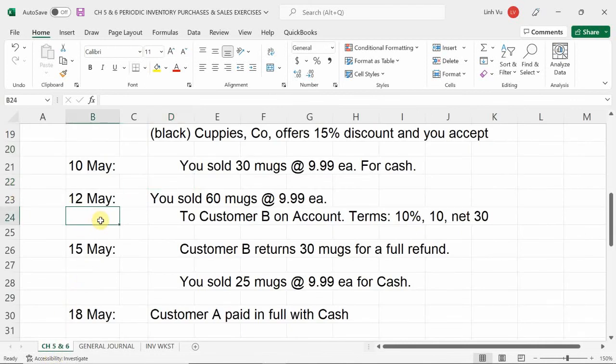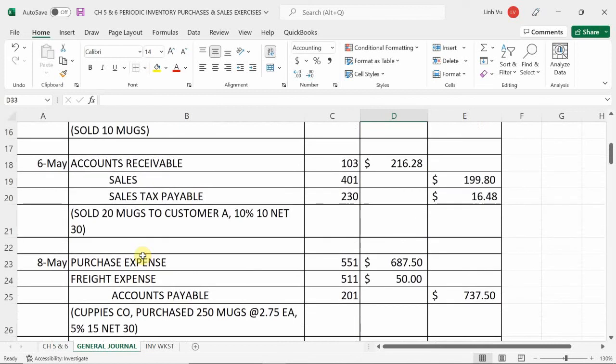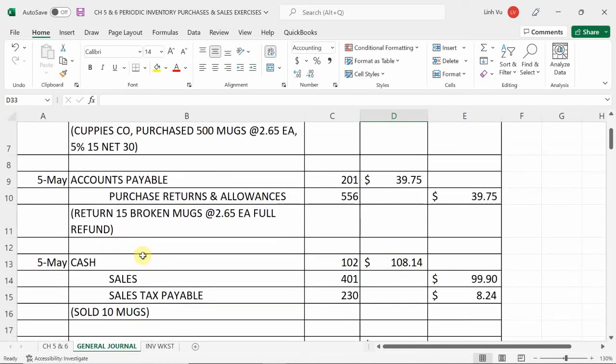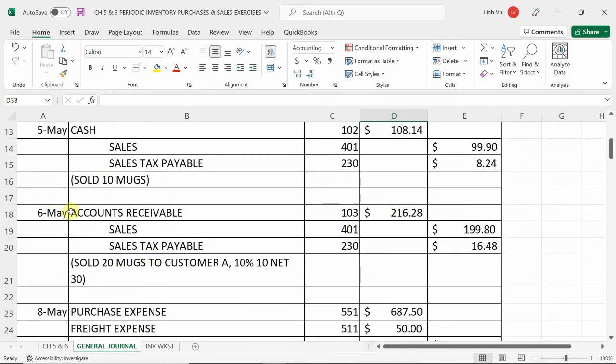So then May 12th rolls around and you end up selling 60 mugs at 9.99 each to customer B on an account. Terms were also given 10%, 10 net 30. So we end up selling another 60 mugs, but this time to customer B, on an account, so we have an account receivable.